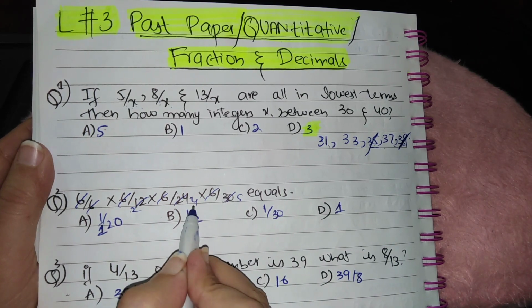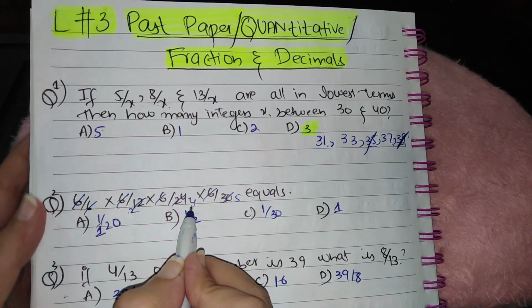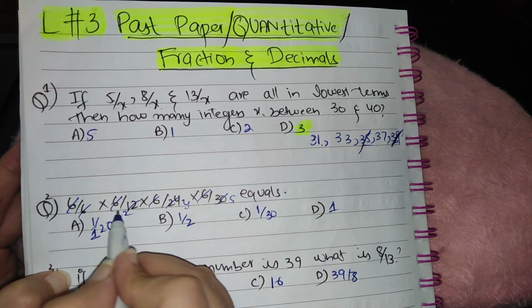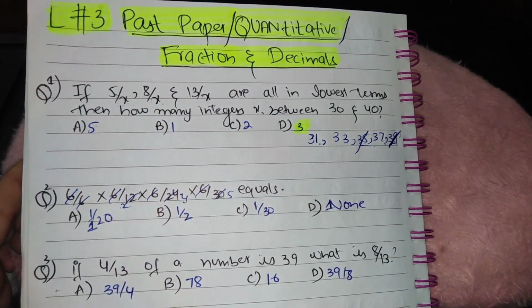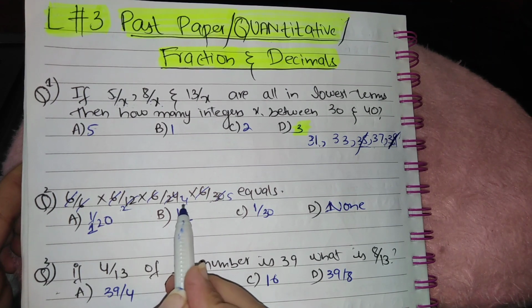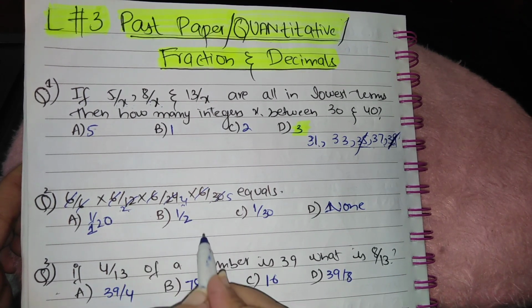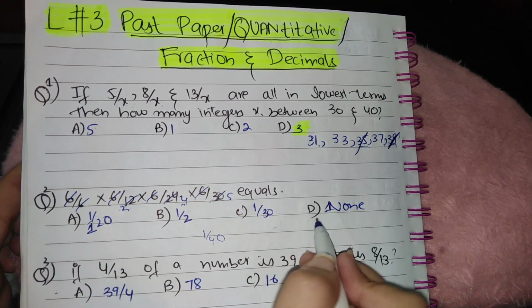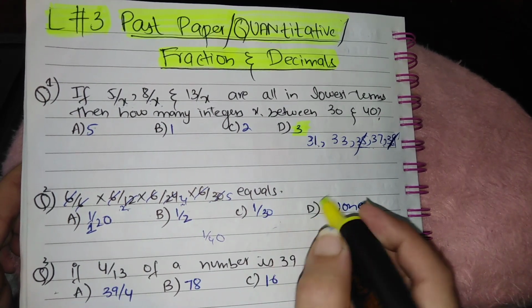So 5 into 4 is 20, and 20 into 2 is 40. So the result is 1 by 40 and there is no option which is 1 by 40. So answer D is the correct option, which is none.